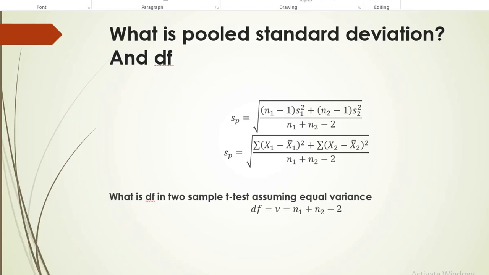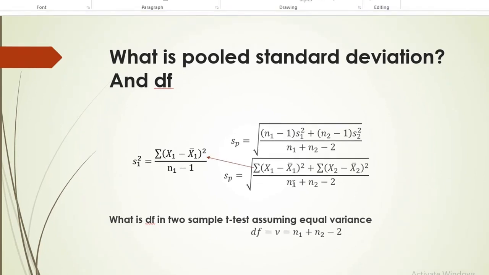Pooled standard deviation has two formulas: one in terms of variances and one in terms of the sum of squared deviations. Where does this sum of squared deviations come from? This is the general formula of any unbiased sample variance. S1 square is equal to the summation of deviations.